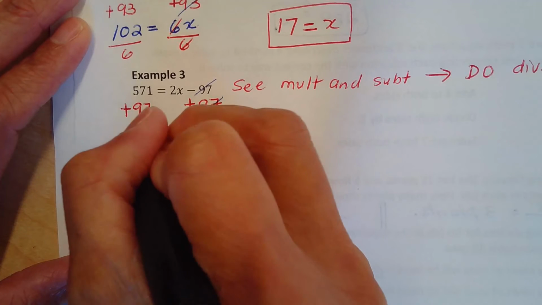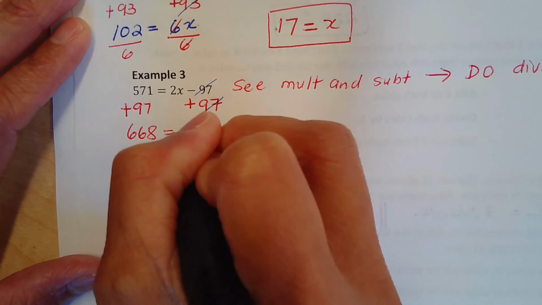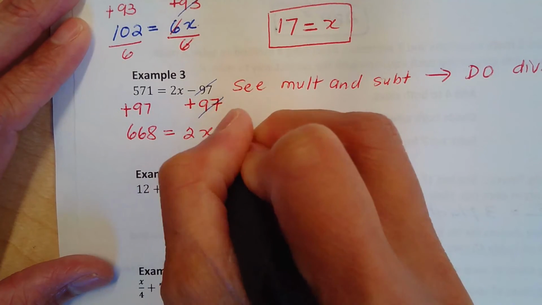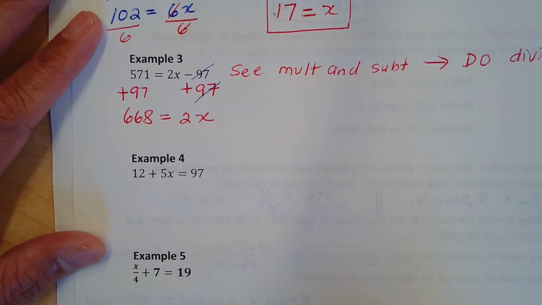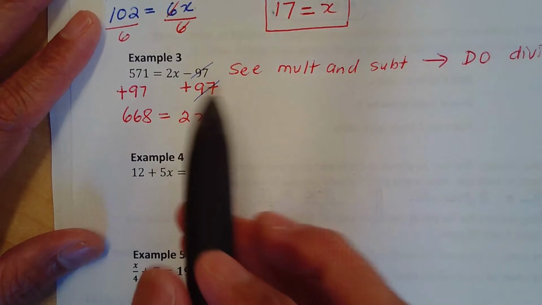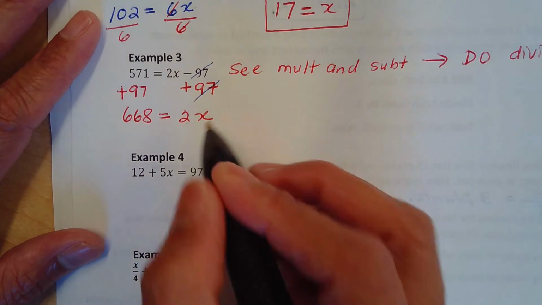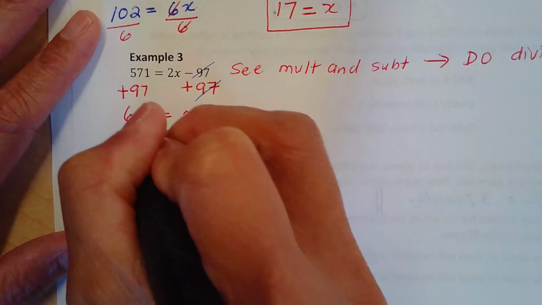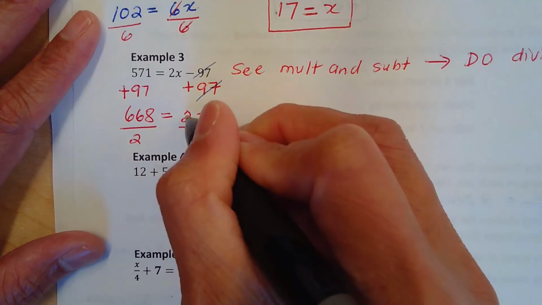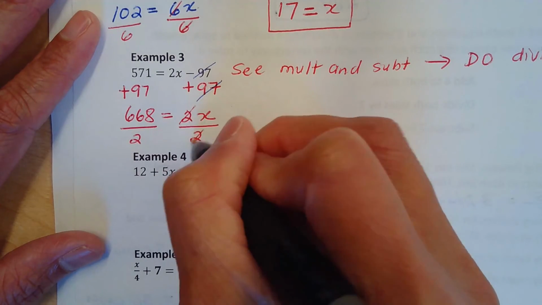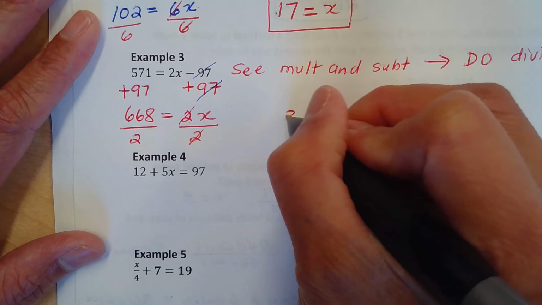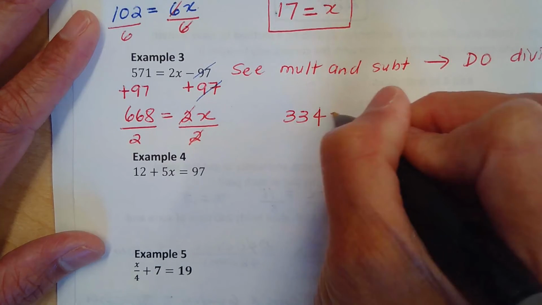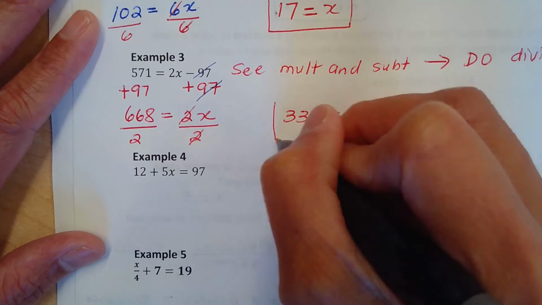So we're going to get 668 equals 2x. And then the next one is the opposite of multiply, which is dividing. So divide by 2. So 668 divided by 2 is 334, equals x.